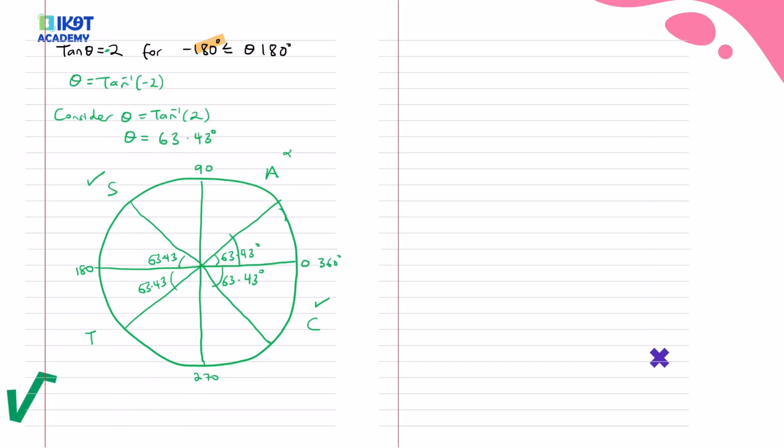So for the first one, the positive angle, the second positive angle will go up to this. So what will theta be? Theta will be equal to 180 minus 63.43 degrees, and, though the second one wasn't necessary, 360 degrees minus 63.43 degrees.